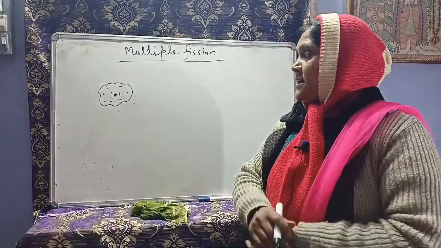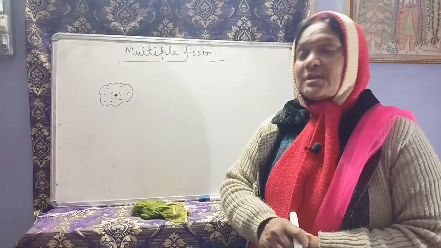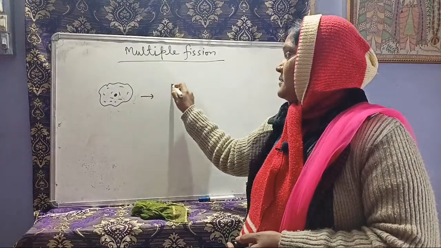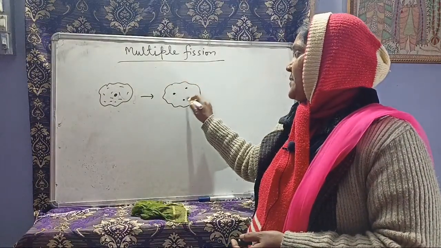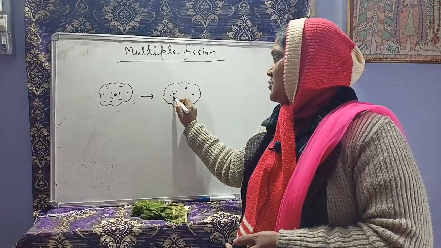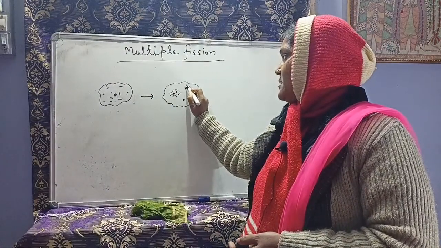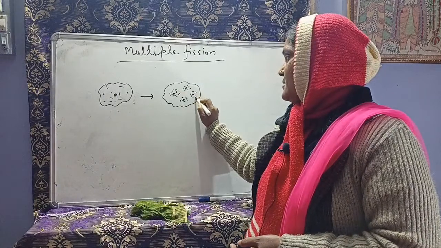Here we discuss the steps of multiple fission. First of all, nuclear division takes place, followed by cytoplasmic attraction.